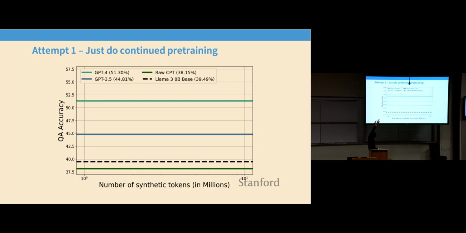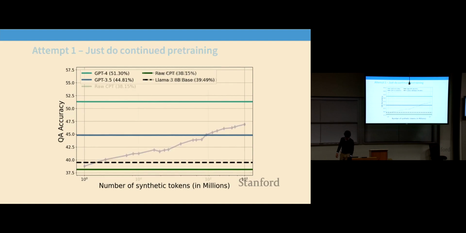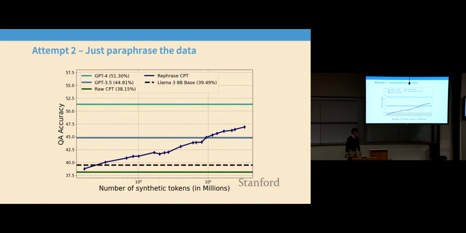GPT 3.5 and 4 are slightly higher up in this plot. As I said before, it's about 51% performance with GPT-4. One of the things I can do, which is slightly inefficient in terms of the cost to generate the data, is take the books and do the simplest possible way of making the data set bigger. I'm going to call the OpenAI API and say, here's a chunk taken from a book, please rewrite it, just paraphrase it in whatever way you want, in many different ways.